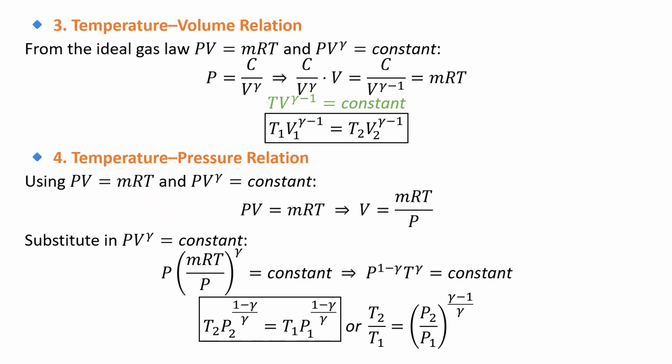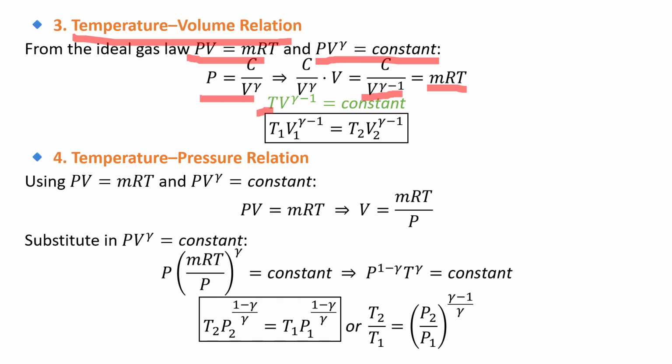Now, what is the relationship between the temperature and volume in this case? PV equals mRT and PV raised to gamma is constant. So we can say that P equals C divided by V raised to gamma, or you can say C divided by V raised to gamma minus 1 equals mRT.